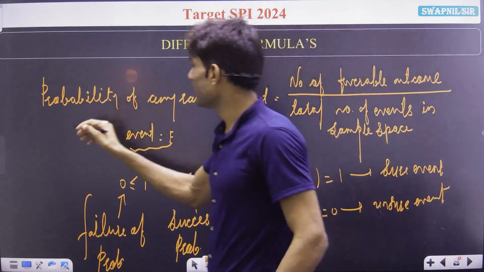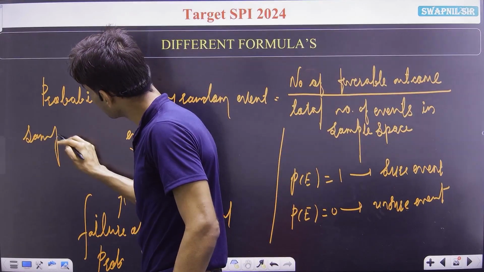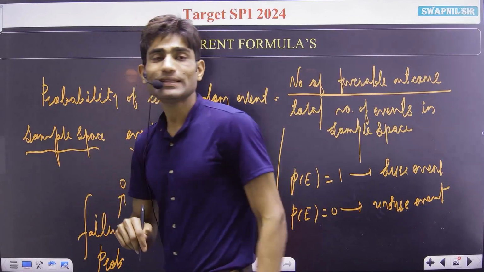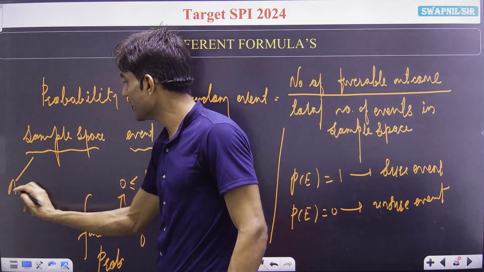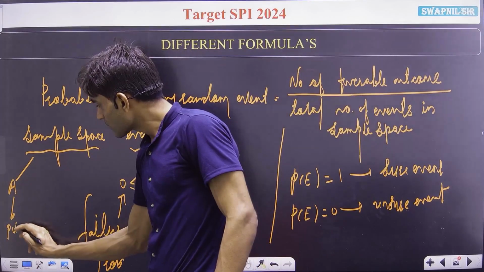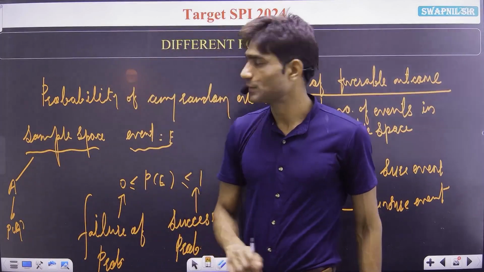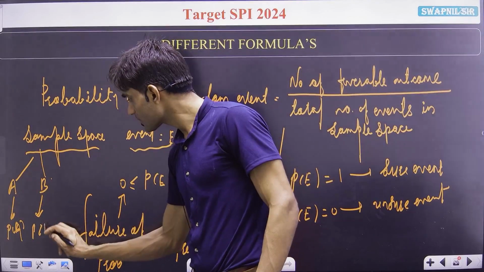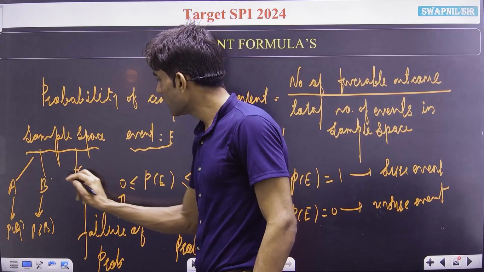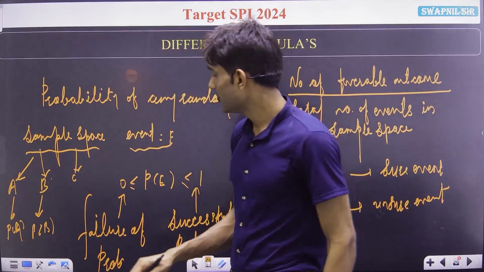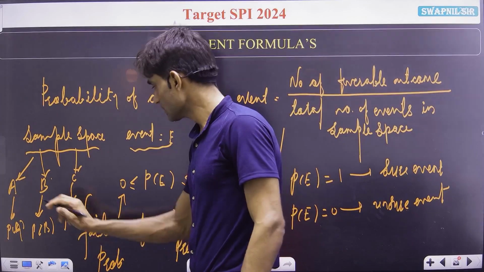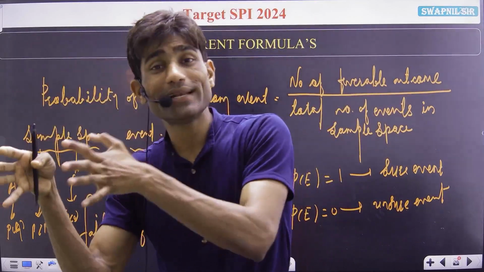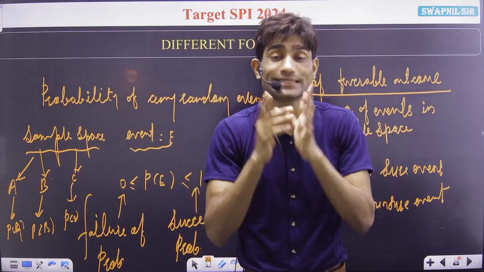Like we have a single sample space. Based on that sample space we have event A, which gives us the probability of A. On the same sample space we have event B, which gives us the probability of B, and event C, which gives us the probability of C. Now see that the probability of A plus the probability of B plus the probability of C in our entire sample space gives us the value 1.